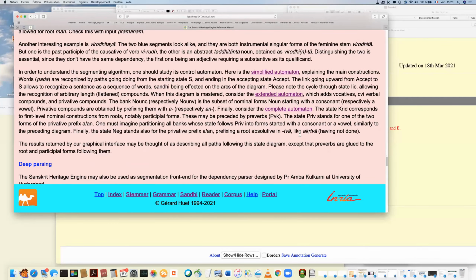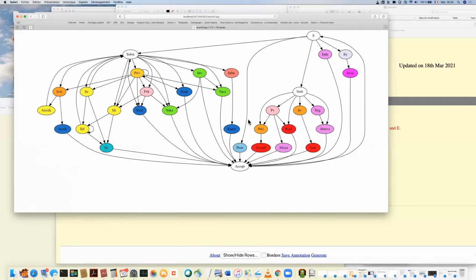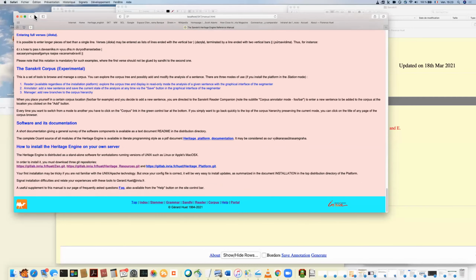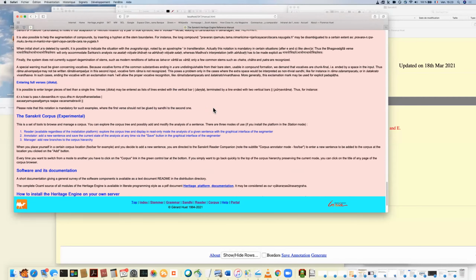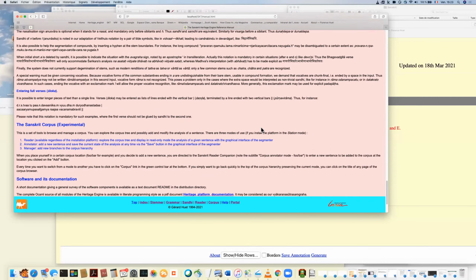But the complete automaton is kind of complex, so don't expect to understand that at first. Yes, you have all kinds of avyayibhavas coming and so on. Okay, so I did not want to go into all this complexity during the course, but you have almost the full story told in the manual.